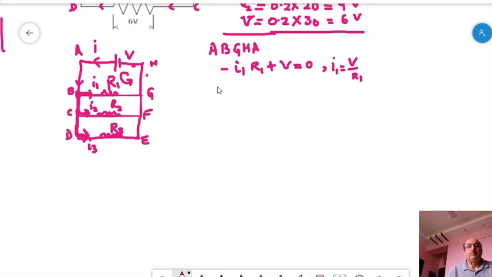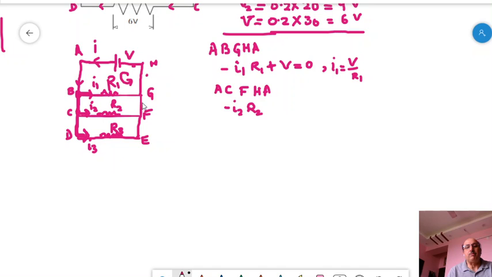In the next loop, we are taking loop A, C, F, H, A. Then it will be minus I2 R2, because coming from A, the appliance is R2, higher to lower potential end, minus I2 R2.